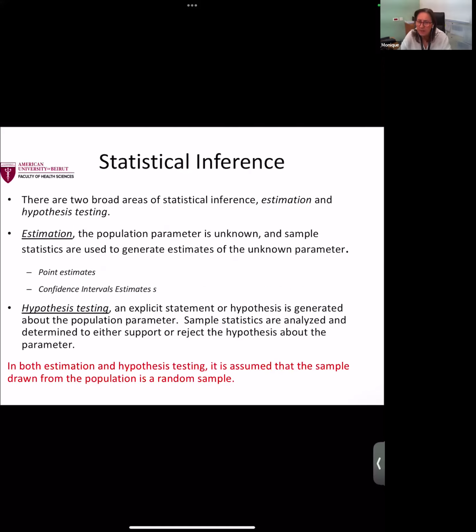Okay, so going back to statistical inference that we talked about last time. So remember that statistics is used to describe data, summarize, display visually the data. So this is one main aim of stat or biostatistics.